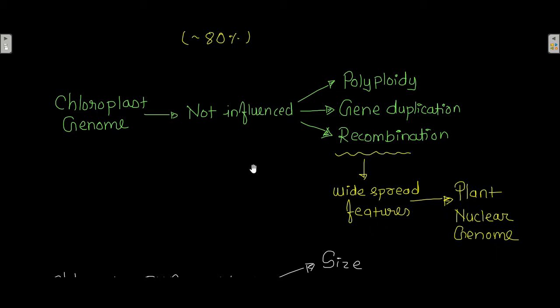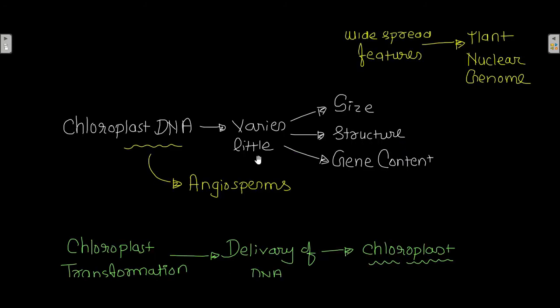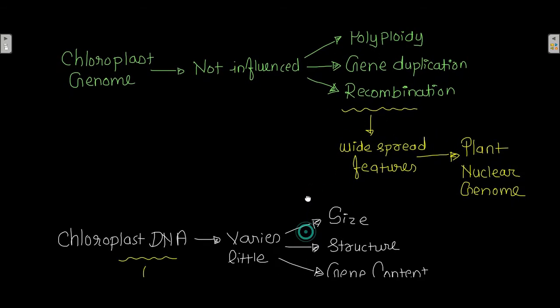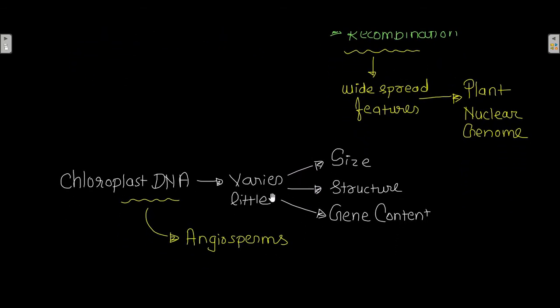That is the reason why the chloroplast DNA varies little in size, structure and gene content in angiosperms, because it is not subjected to these features.